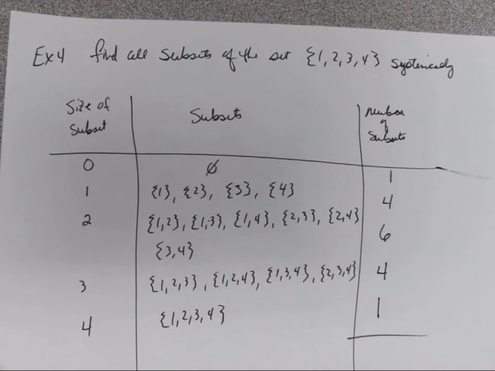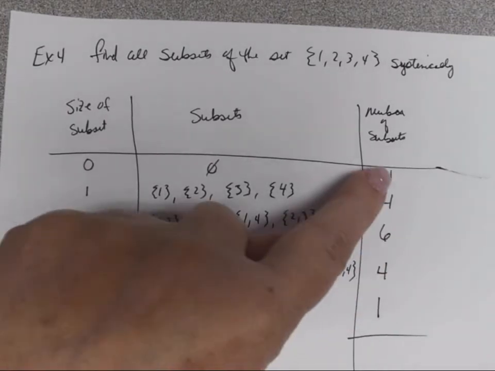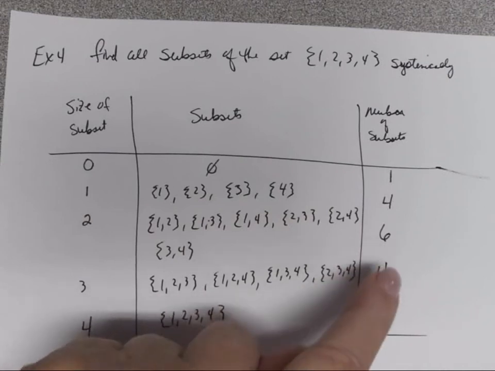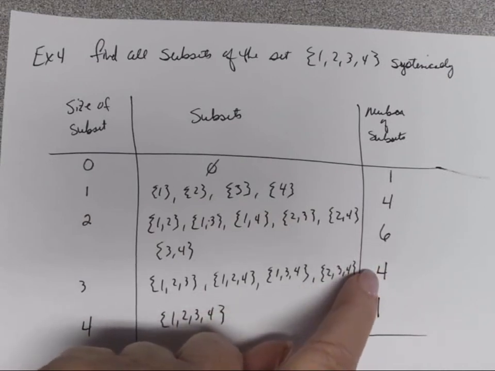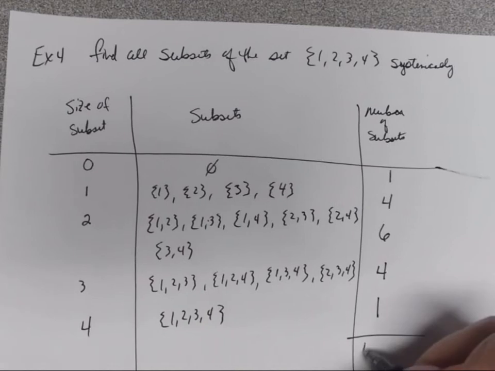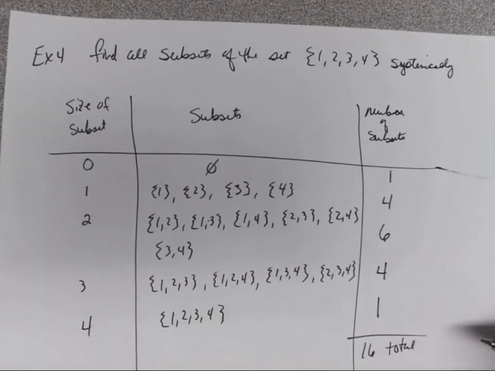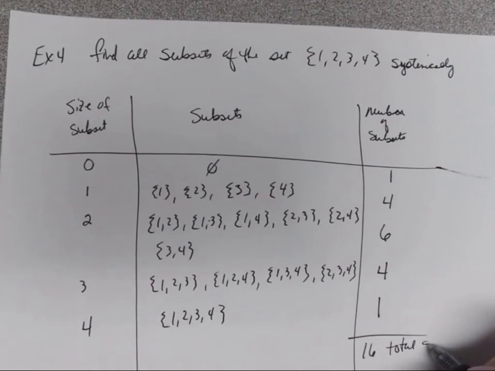So what is our total? Well, we've got 1 plus 4 is 5, plus 6 is 11, plus 4 would be 15, plus 1 would be 16. So there would be 16 total subsets when we're looking at all of the subsets there.